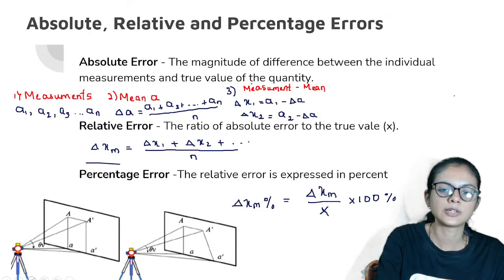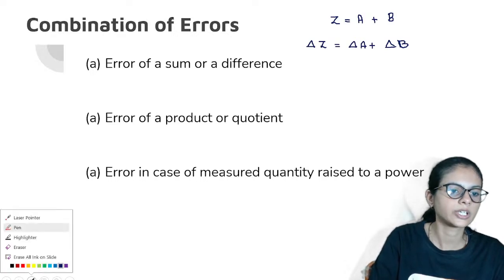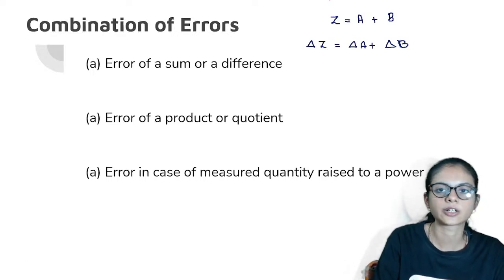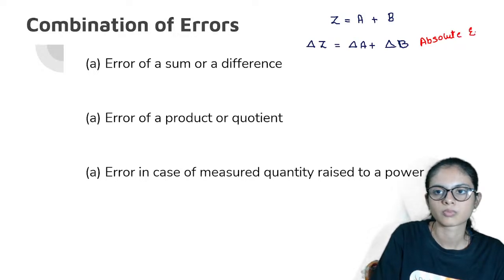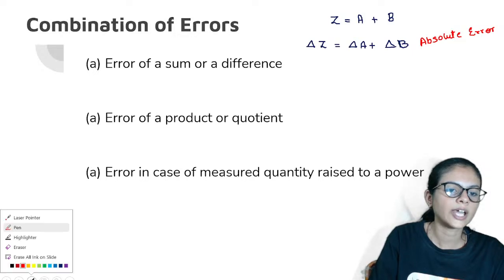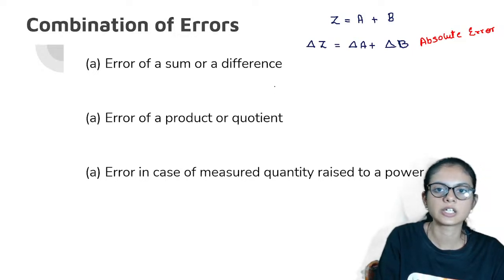Absolute error. So what I have written here is the absolute error. Let me write it here. This is absolute error. Then what I can do is divide this error by its original value.